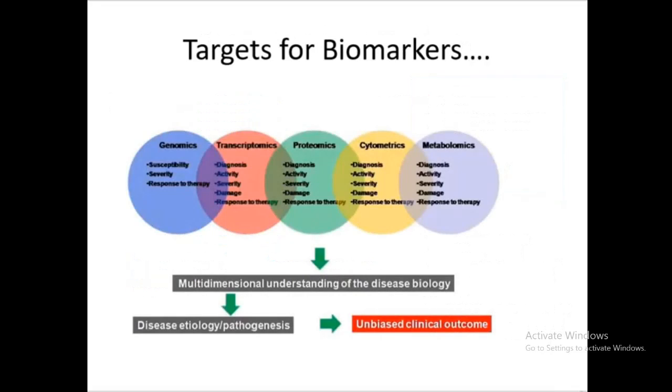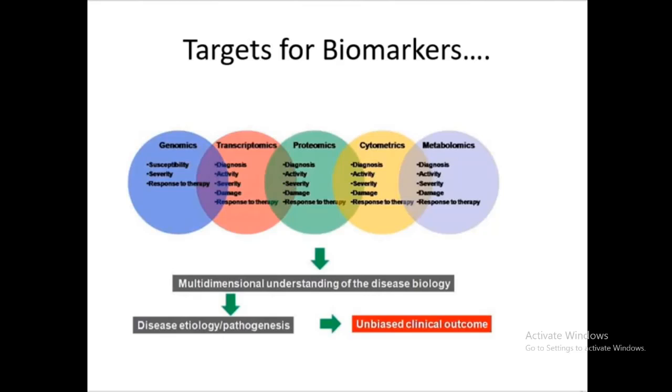And the interesting thing is, when you take all these sources of potential biomarkers, taking all these biomarkers together can help you get a better idea of the clinical picture. So you're talking about genomics, which we covered, transcriptomics, gene expression, proteomics, cytometrics, which would be the investigation of cell characteristics, and metabolomics.